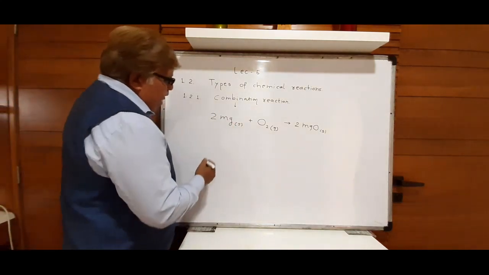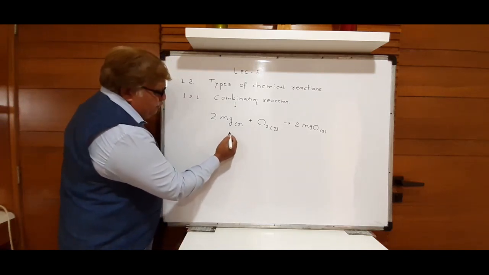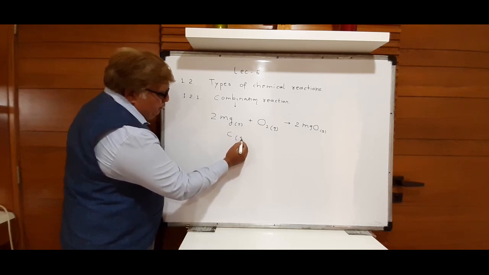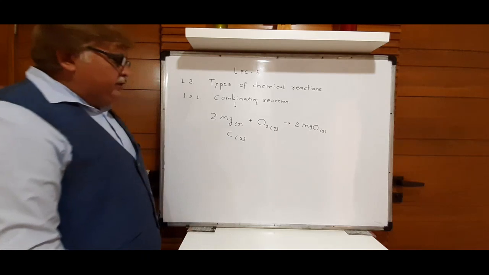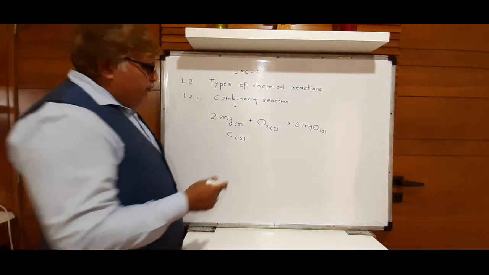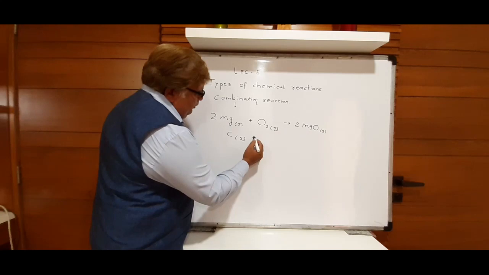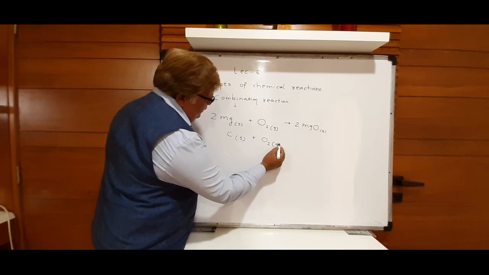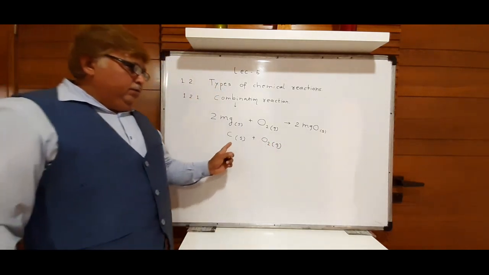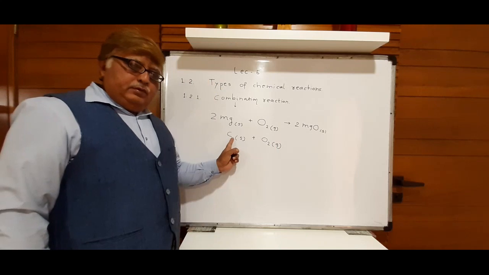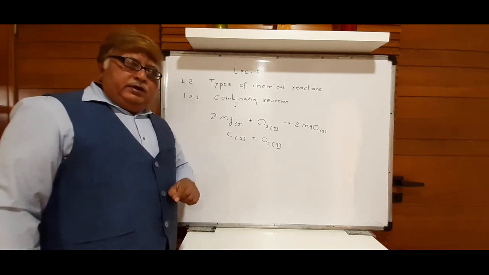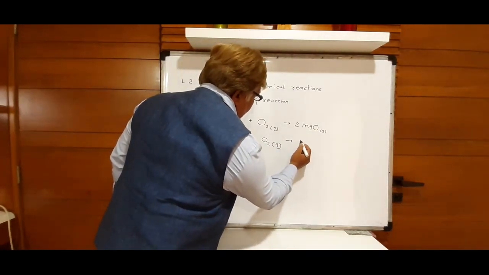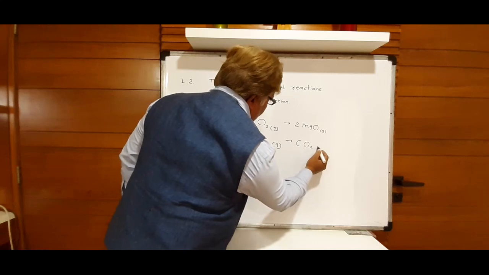To mention another one, let me write some simple equations which you have already studied in our previous lectures, or in a previous standard. Carbon, when it reacts with oxygen, whenever carbon burns, it combines with atmospheric oxygen and forms carbon dioxide, CO2.